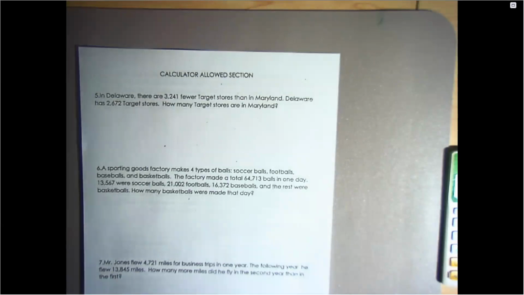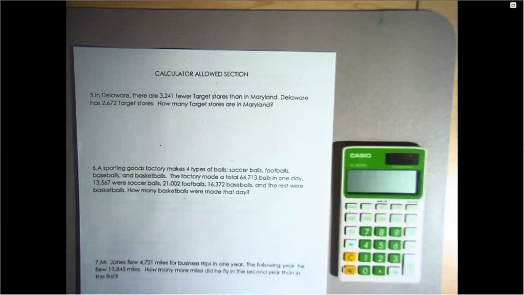Like, how do you interpret the answers? So we're going to go ahead and start with number 5. That's why you are allowed to have a calculator. So you can choose a handheld calculator, or you can use a calculator on your phone, or you can use a calculator online. So we're going to start with number 5.